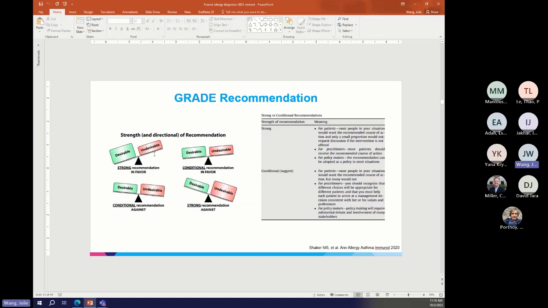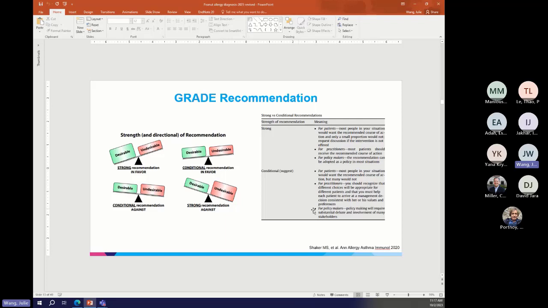So GRADE recommendations come in a few different flavors. There's strength attached to it, as well as the direction of the recommendation. So there can be strong recommendations in favor of doing something, or strong recommendations against doing something. And then more moderate would be conditional recommendations in favor or conditional recommendations against.